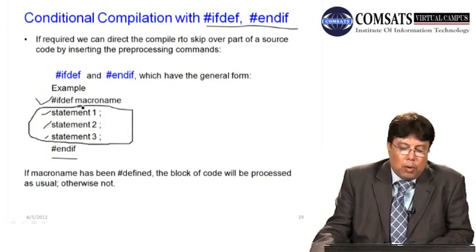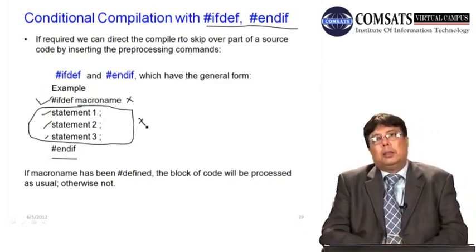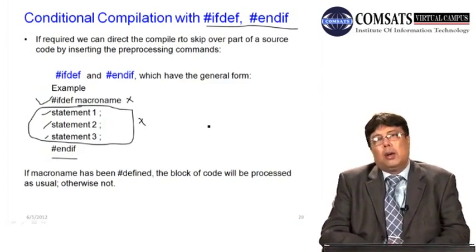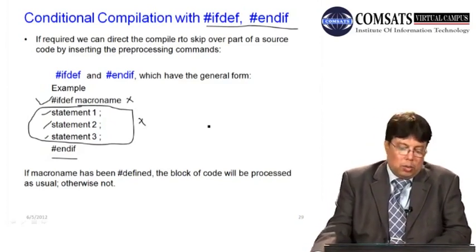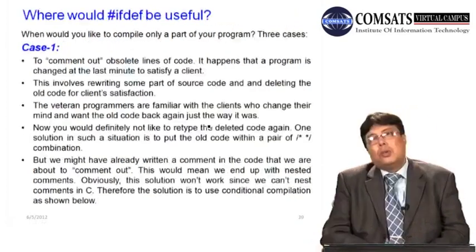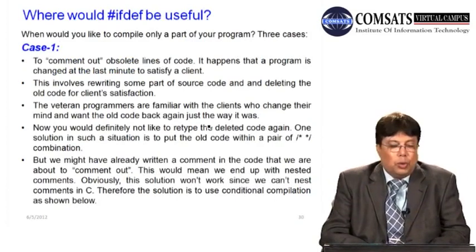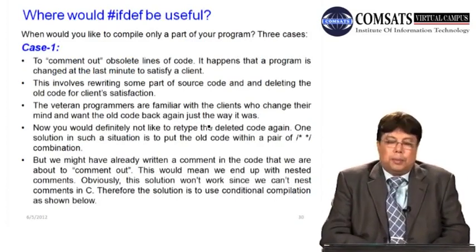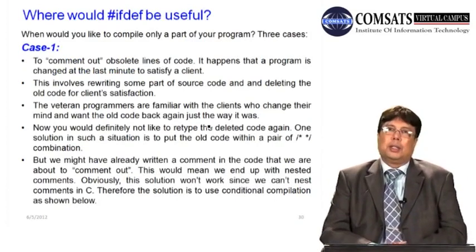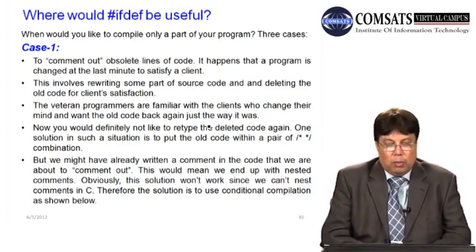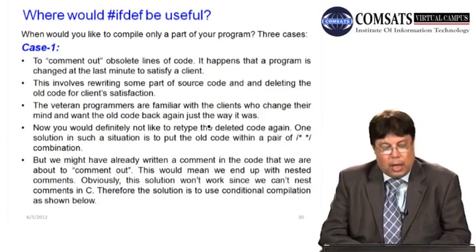But if this macro name is not defined, then this code is not going to be compiled और आपके पास executable में, object code में ये code नहीं होगा तो obviously executable में भी नहीं होगा. कहाँ use करेंगे इसे? Where would this if defined be useful? There are different cases, rather there are 3 cases जो मैं आपको बताऊंगा कि इसके फ़ायदे हम 3 मुख्तलिफ तरीक़ों से उठा सकते हैं.